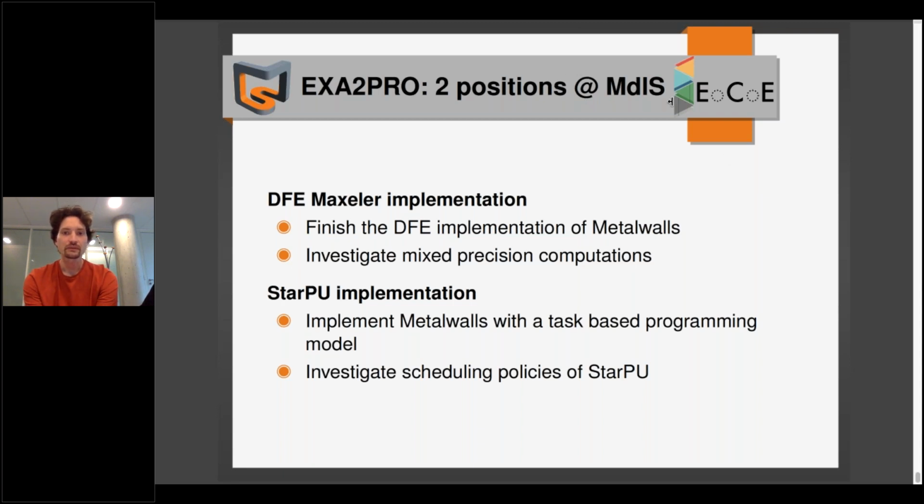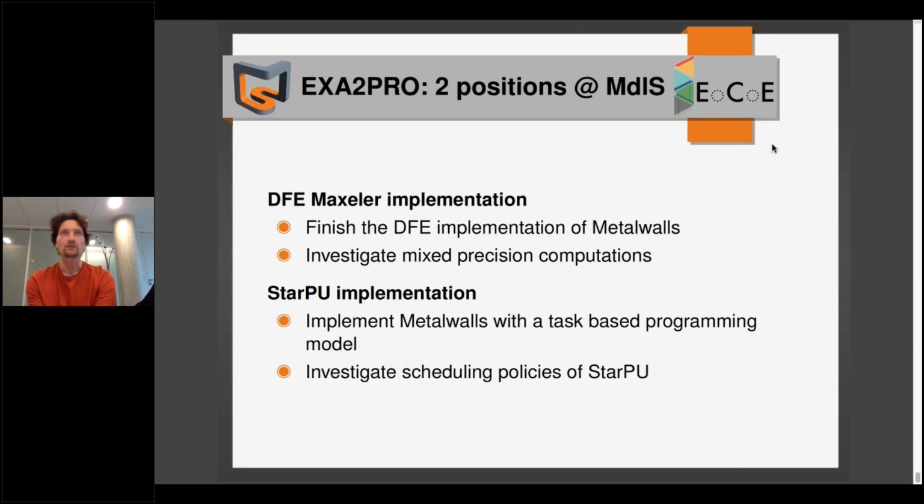We have a question from Dirk. You mentioned mixed precision computation. Do you use double precision right now? I thought floats are costly in FPGA. Yes, you're completely right. Making floating point operations in double precision on FPGA is very expensive.